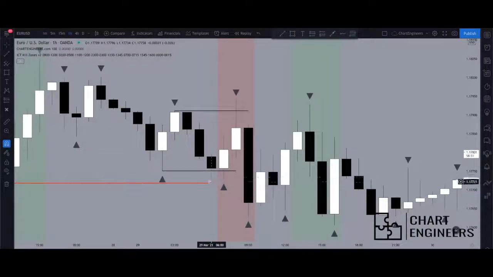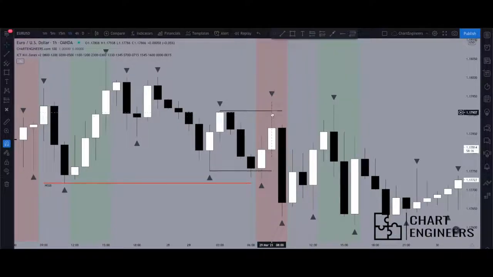So here at 6 AM we got an H1 raid. At 7 AM I could be looking to take longs because of the H1 raid, and once we get another H1 raid here I can switch my bias, because then we'll eventually get a structure break to the downside on the H4 and the H1.